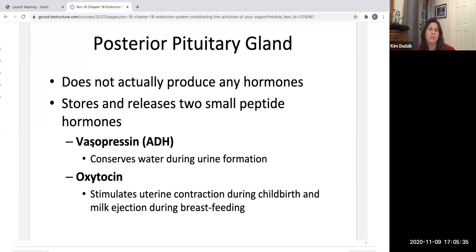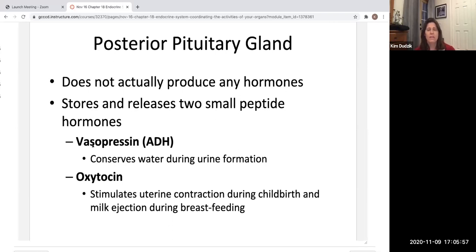So this is homeostatically controlled, right? The levels of water, we said that was a homeostatically controlled variable. So again, the hypothalamus is the integrator. When the hypothalamus receives a signal from the sensory receptors that water levels are low, it will make ADH and then release it via the posterior pituitary gland.